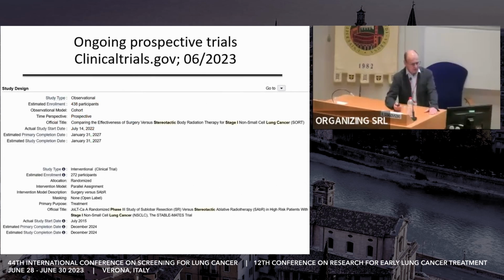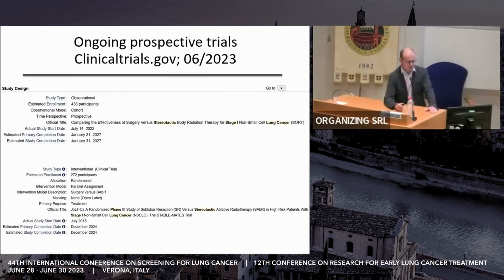Now, there are 2 important prospective trials that I could see in the clinicaltrials.gov database. One is an American observational study comparing the effectiveness of surgery versus stereotactic body radiotherapy for stage 1 non-small cell lung cancer. It's not randomized. And the other one is of particular interest.